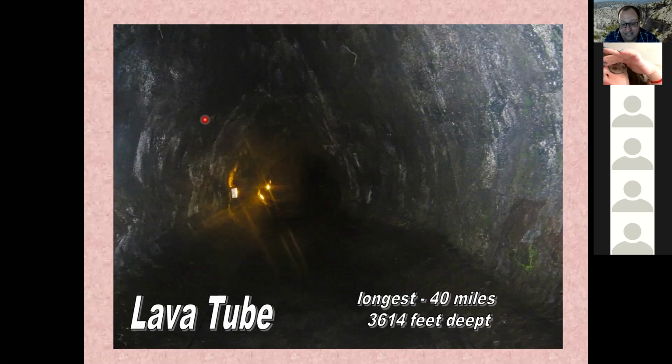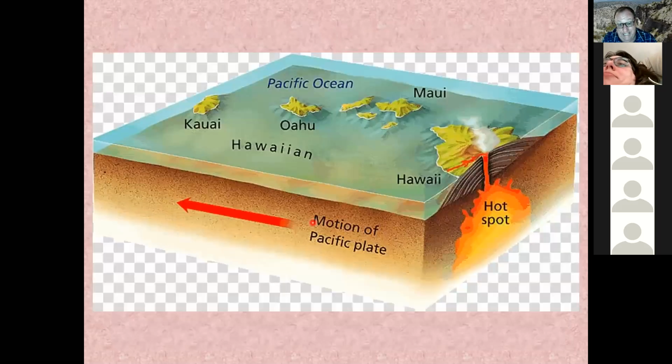The only way to access a lava tube is if part of the ceiling collapses, or there's an outside entrance to it. The longest lava tube is 40 miles long, over 3,000 feet deep. So they're pretty incredible. Don't look for any cave formations because there aren't any.